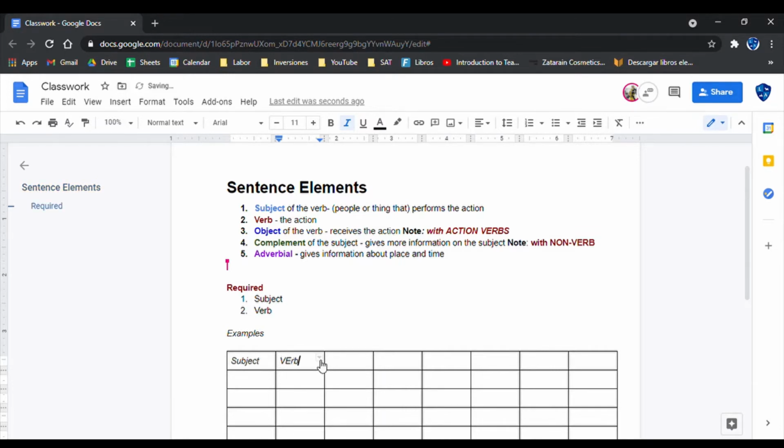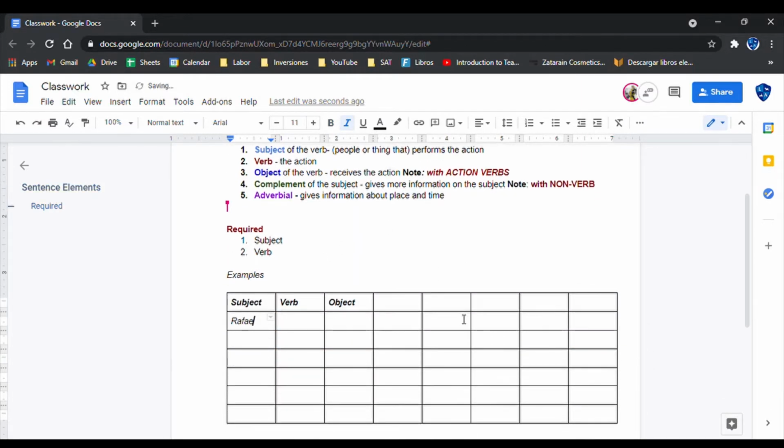No. Okay, well, the easiest one is subject, verb, object. This is a simple combination, and it allows us to create a sentence.